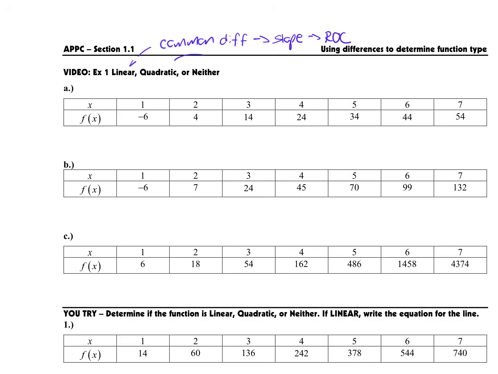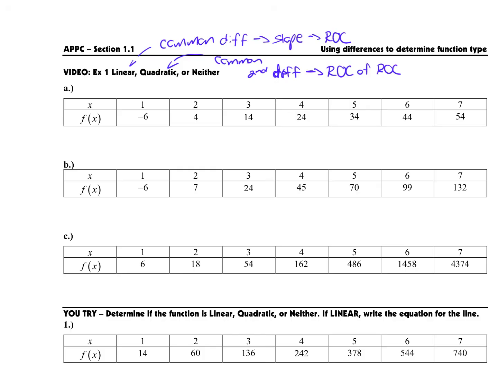If the function is quadratic, it will have what we call a common second difference. We'll see this in a moment. So a common second difference, and we will eventually refer to that as the rate of change of the rate of change.